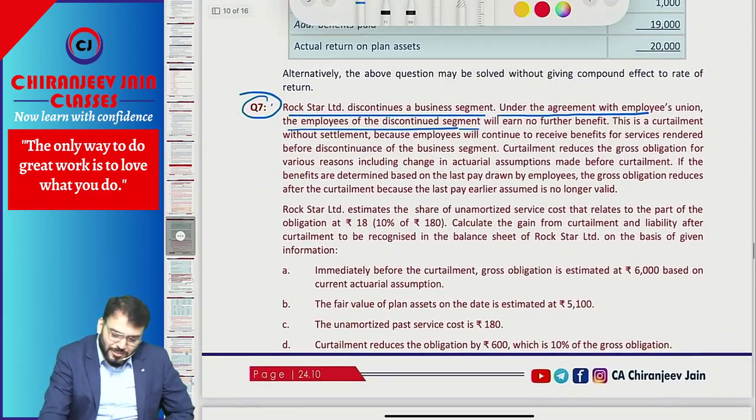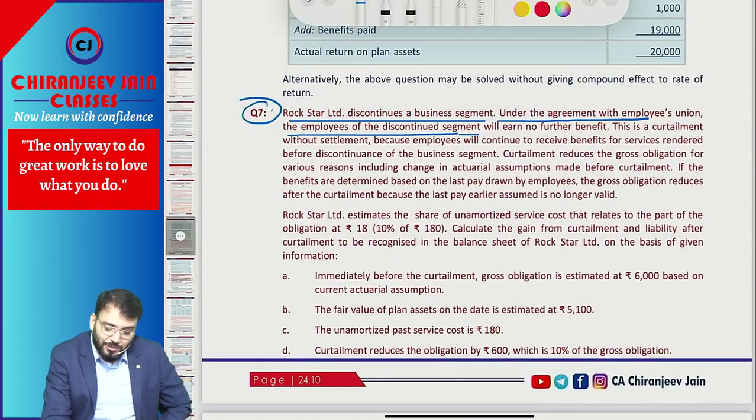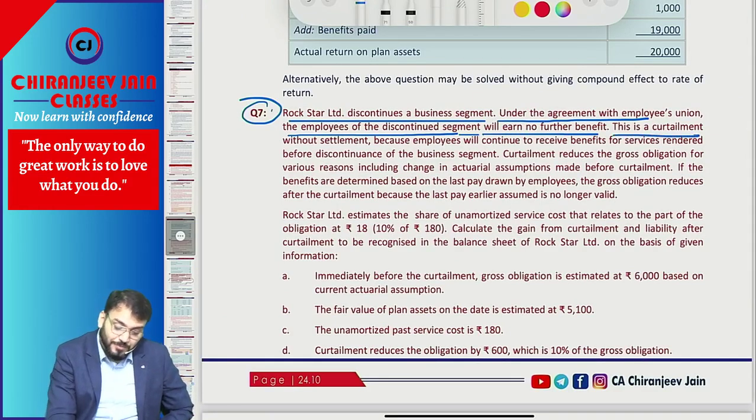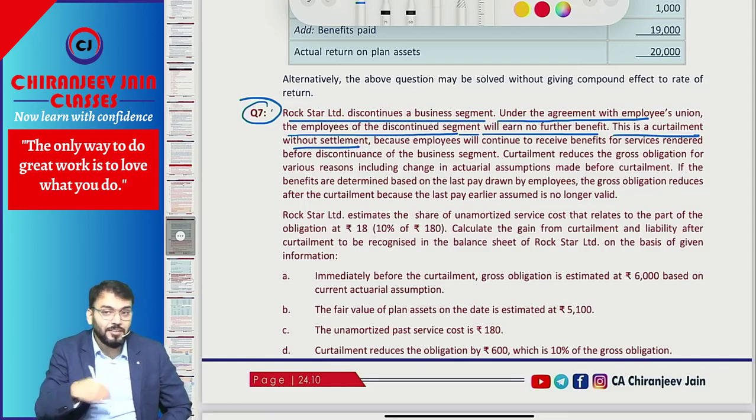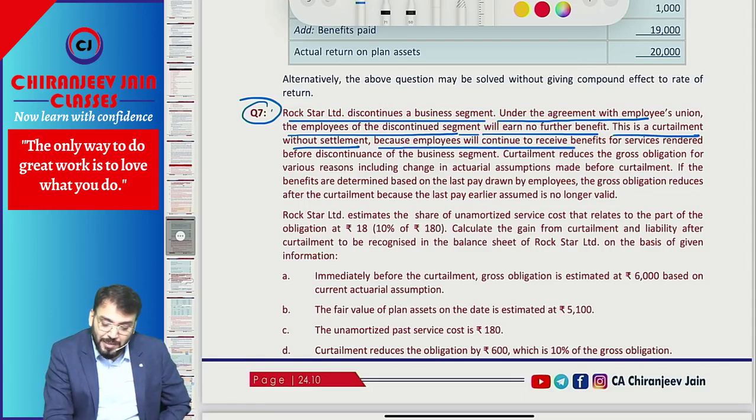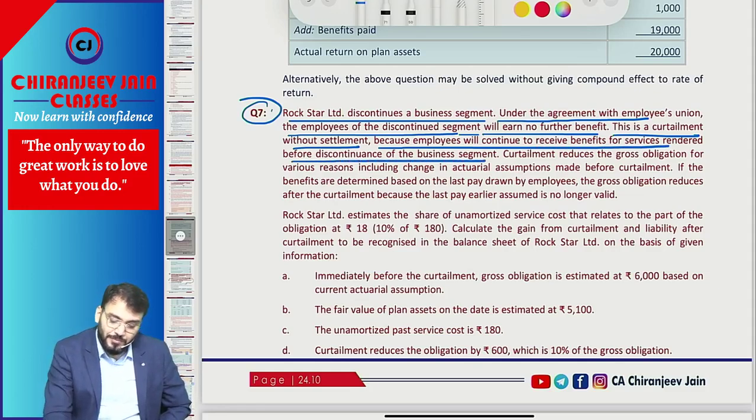Correct. Now first let us read. Discontinued segment will earn no further benefit. This is a curtailment without settlement. Understood? This is a curtailment without settlement, because employees will continue to receive benefit for the service rendered before discontinuation of the business segment.